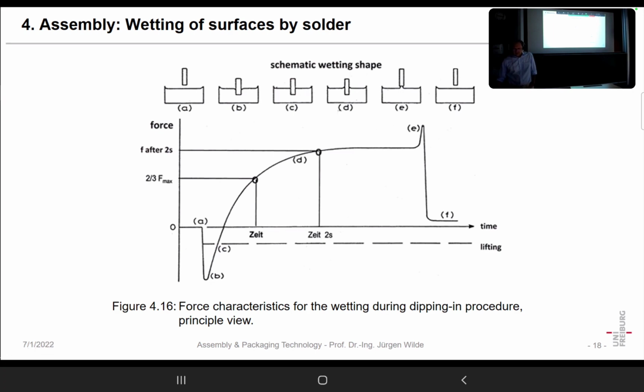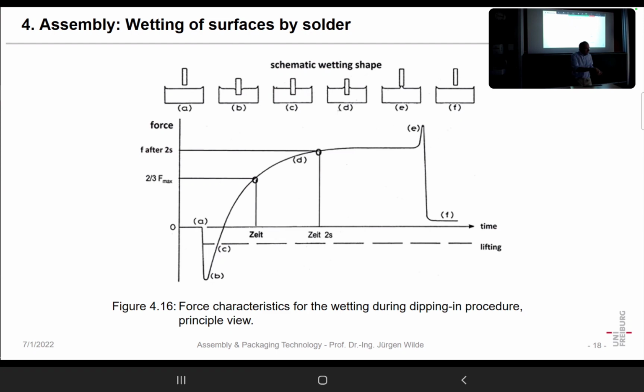And so that's a good instrument in order to investigate two things. One is we have a standardized surface where we know it's good or we know it's bad, and we try out different fluxes and say that flux is stronger than that. Or on the other hand, we want to know how well a device is solderable.